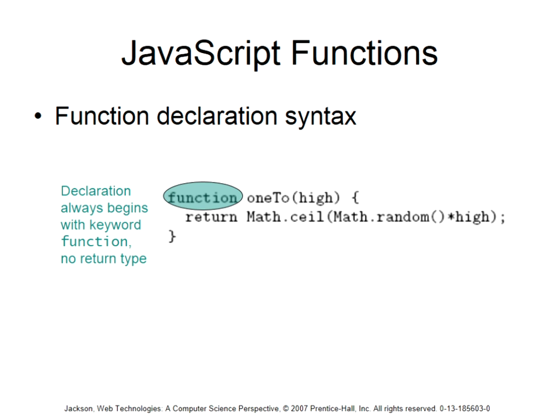So here in JavaScript, if I want to create a function, I have to make the declaration of this function using the function keyword. So this is a JavaScript keyword.